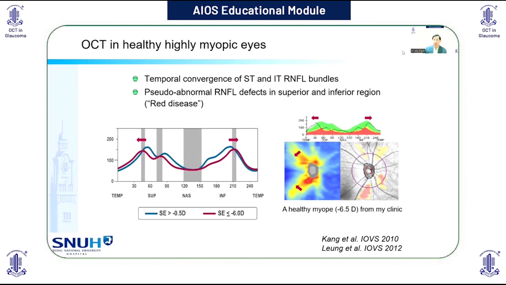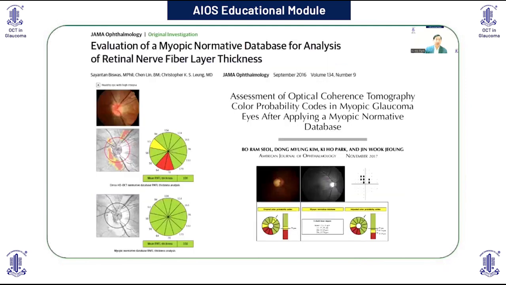This temporal convergence of the RNFL thickness curve makes a pseudo defect here, here, and here. So in the deviation map, you can see the red colors in the superior and inferior area of this map. So this is a pseudo defect, not a true defect. We call that red disease. So we need to differentiate those when we interpret OCT results in myopic eyes.